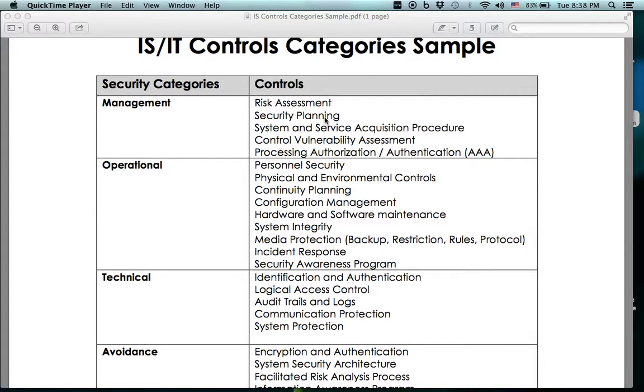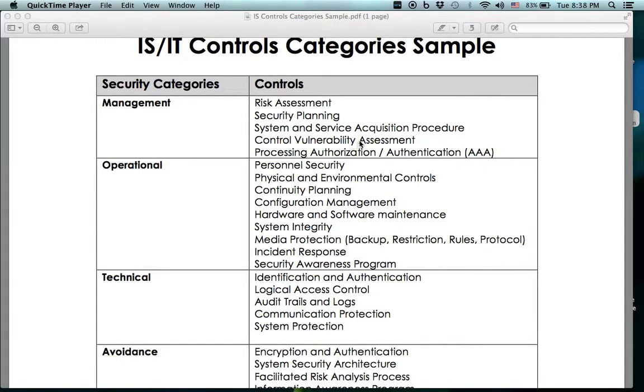Security planning can be many types, like network security planning, physical and environmental security planning, system and software development security planning, something like that. And the third one is the system and service acquisition procedure. This is also known as a management control.